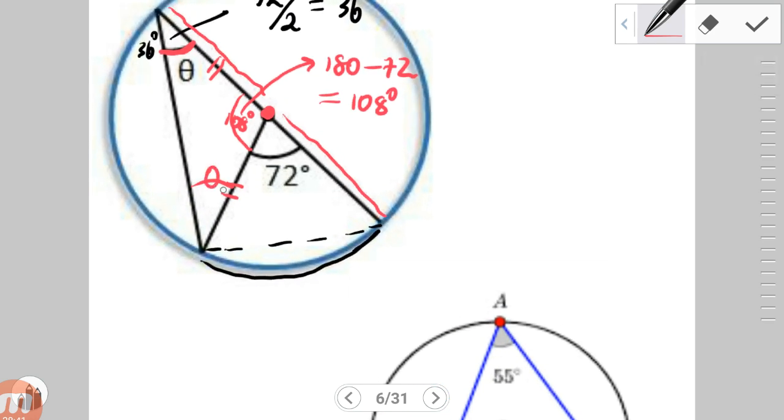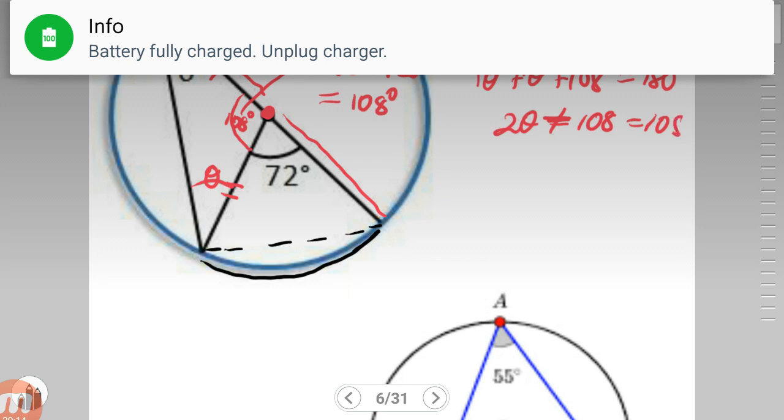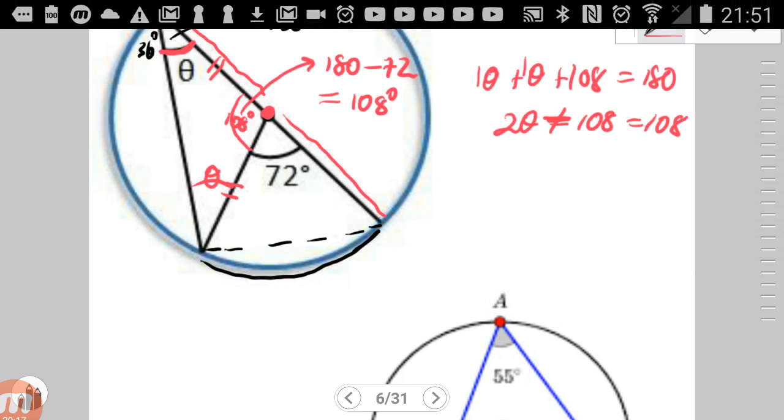Since I know that these two are equal, I could say here, theta plus theta plus 108 degrees equals 180. So 2 theta plus 108 is equal to 180 degrees, pardon me. Got a little distraction here, guys.